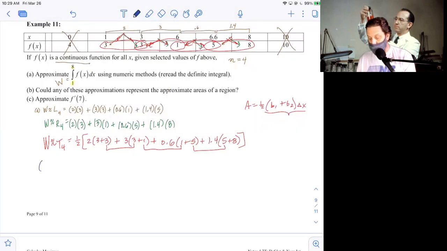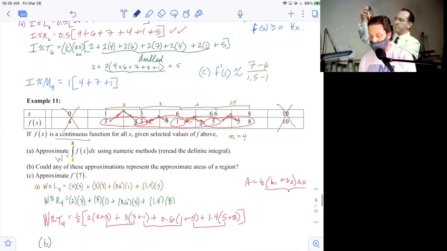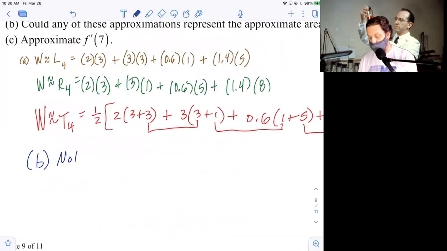All right, part B. Could any of these approximations represent approximations of areas? Well, all of our y values, again, are positive, right? Does that mean all the ones we don't see are positive? No. Were we given any kind of indication like we did up here that f is positive for all x's? No. So we'll just say here, not enough info.